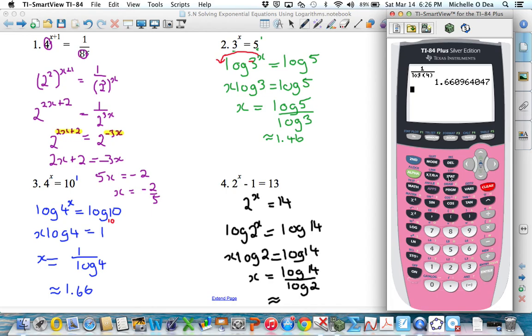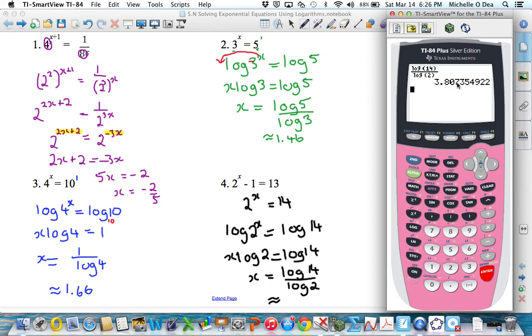So we'll clear that. Let's get a fraction key, alpha y equals, enter. Then we have log 14, and arrow down, over log 2, enter. So we can see here, if we go 3 significant figures, we count from left to right, starting at the first non-zero digit, 1, 2, 3.